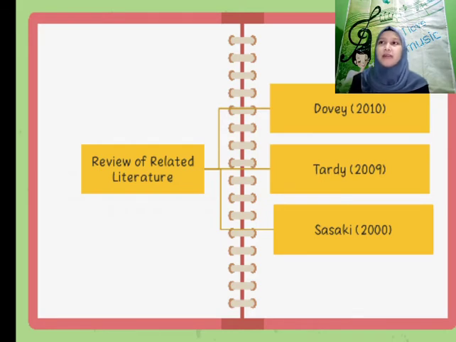And the next is about review of related literature. For the first is from Dobe 2010. Here the researchers state that there is a lack of attention to the reading and writing process. And the second one is Tardy 2009, who suggests that as one of the four dominant approaches in the knowledge genre model, writing focuses on the textual and rhetorical aspects of the genre.